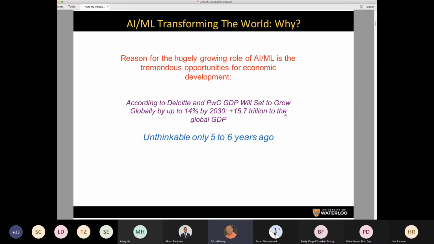This was almost unthinkable only 5 to 6 years ago. And people are even expecting that the growth might reach 20%, which is around a $20 trillion contribution to the global GDP. This is according to how things have been developing and evolving in the field of AI and machine learning over the past several years.